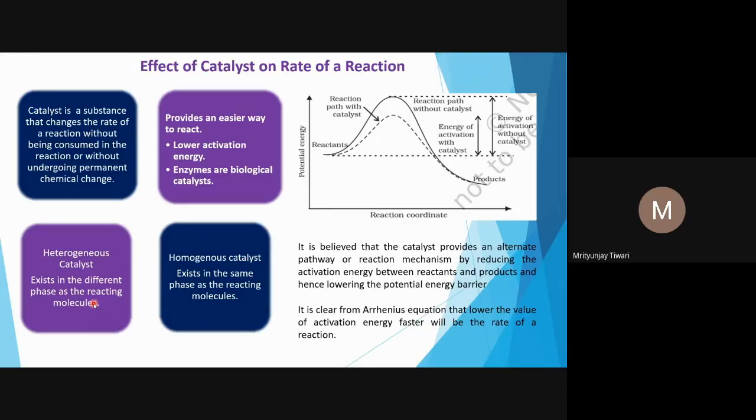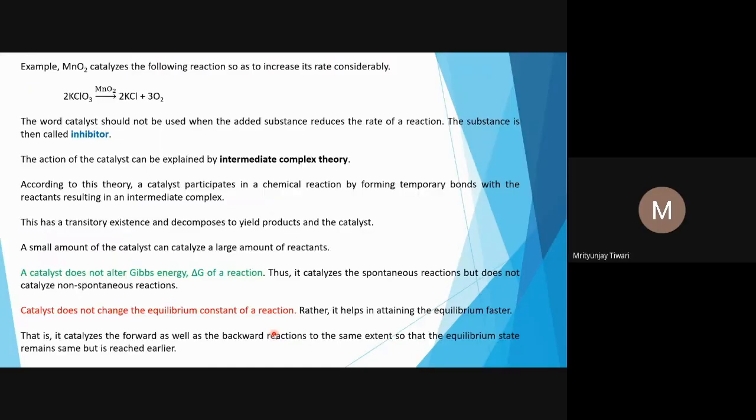Somehow I made a mistake in explaining. Heterogeneous catalyst means the physical state of the catalyst will be different than that of the reacting species. But in homogeneous catalyst, the physical state of the catalyst will be same as that of the reacting molecules. So the homogeneous catalyst exists in the same phase as the reacting molecules, and the heterogeneous catalyst exists in a different phase from the reacting molecules.